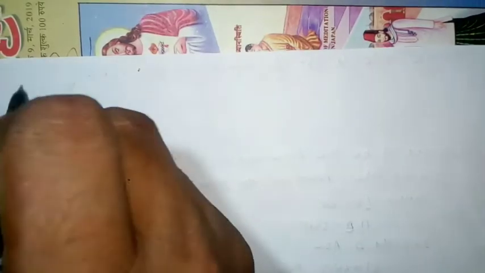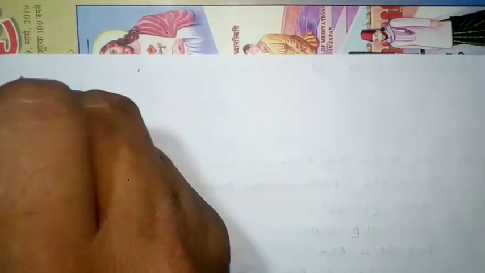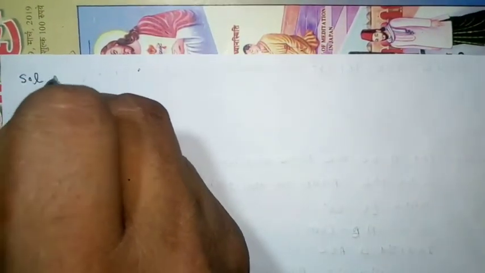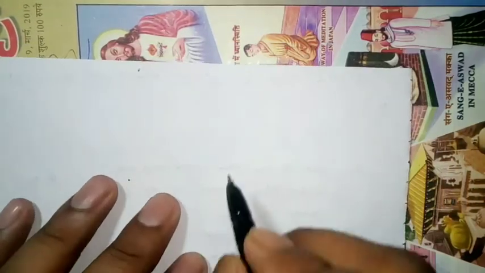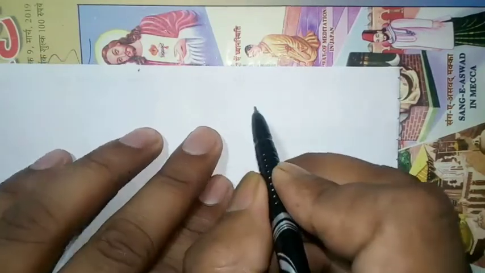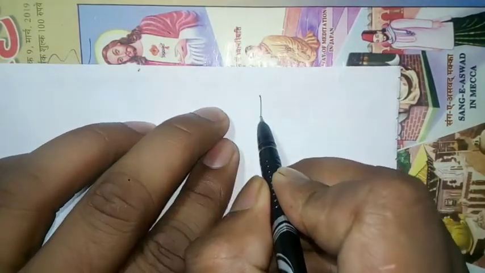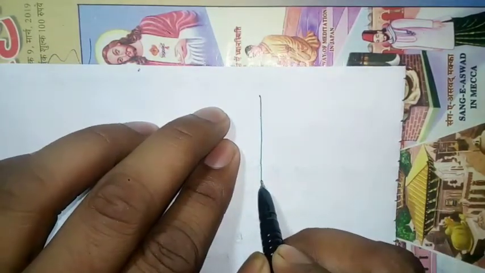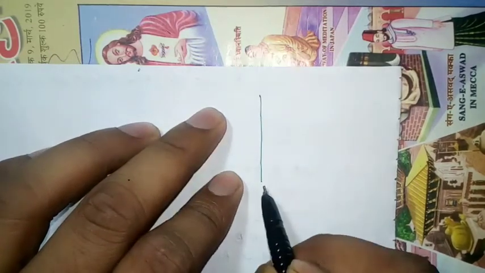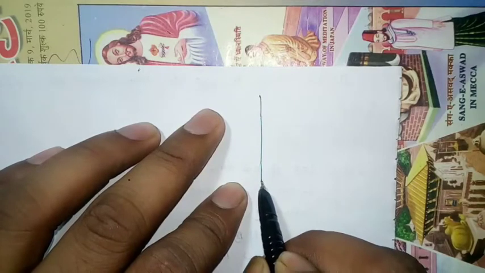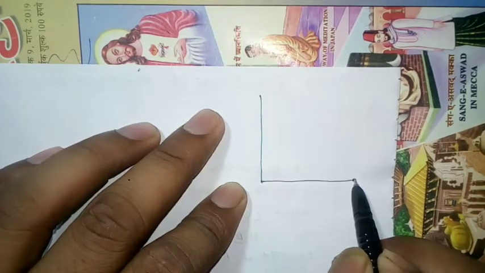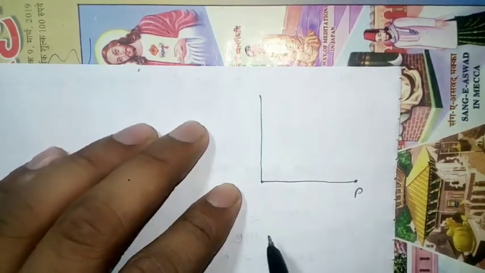Now first I draw a sample diagram. Solution 1. According to the question, a point P on the ground.